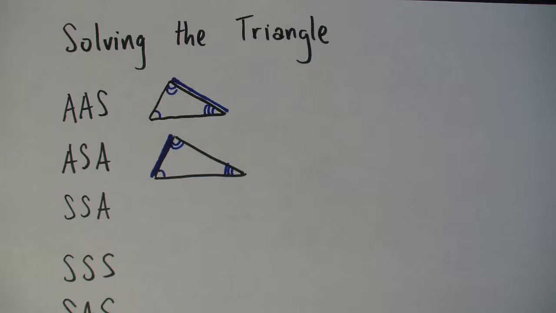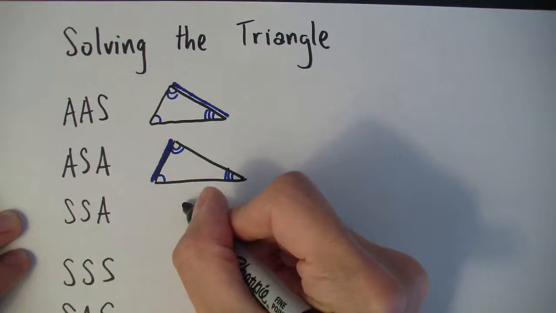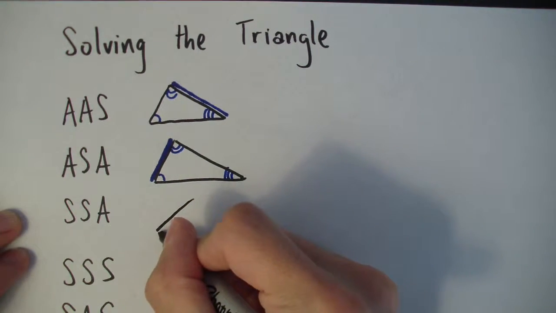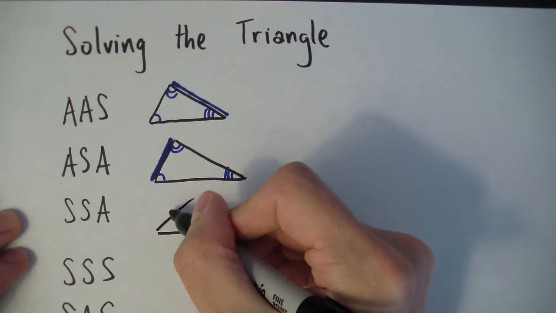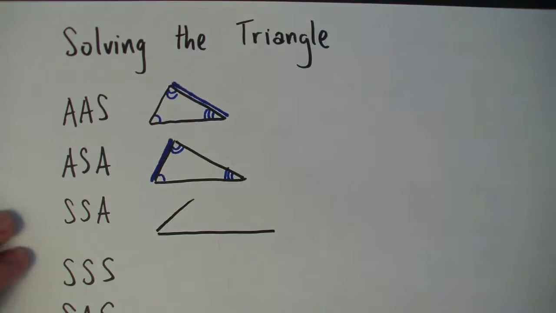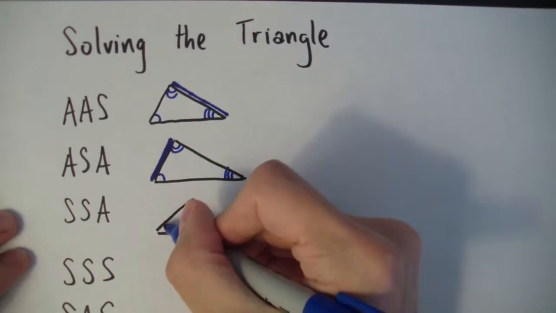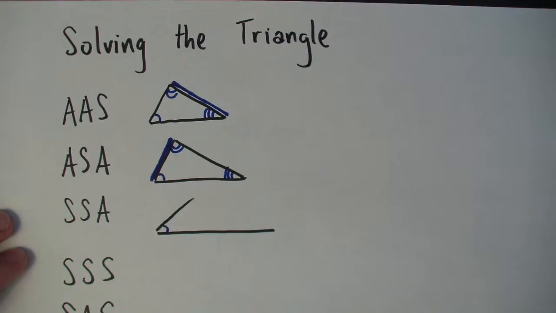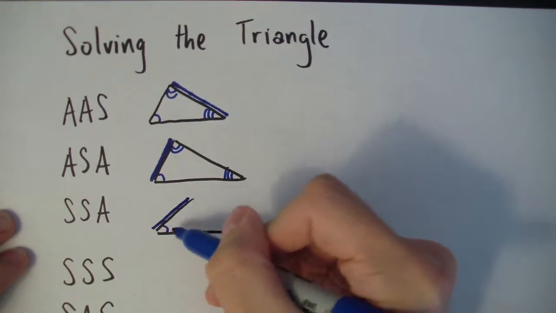Now this other case, SSA, you remember, is the ambiguous case. The picture that you should have in mind there is something like this, where one of the sides is specified and one of the angles is specified. So this side and that angle.